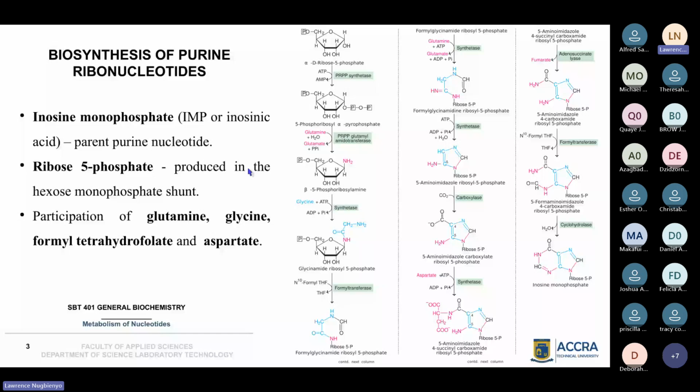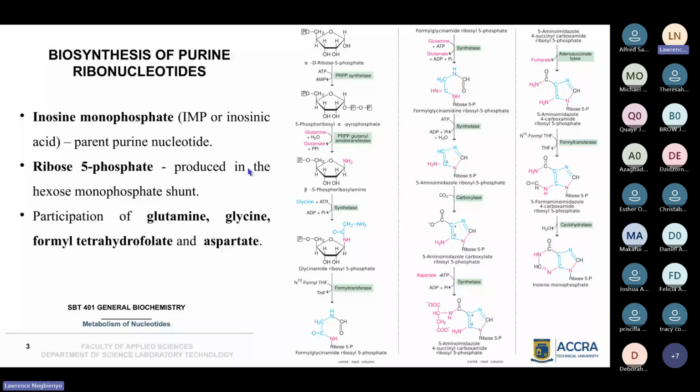So actually, we'll also see the type of synthesis that is not de novo synthesis. It's not a synthesis that is coming from smaller molecules coming together, as we are seeing here. Here we see that smaller molecules, we take some amino acids, where we see folic acid coming together and then forming the rings all the way until we have a parent molecule, which is inosine monophosphate, from which other purine nucleotides are formed.